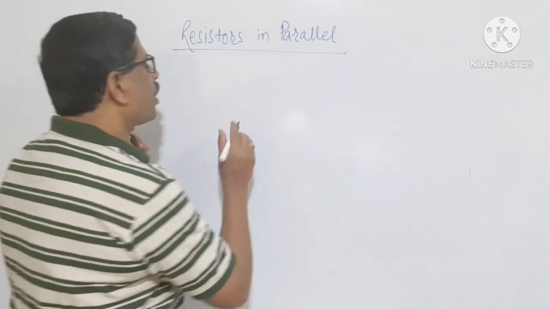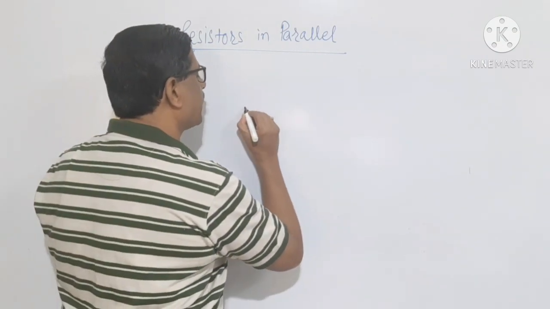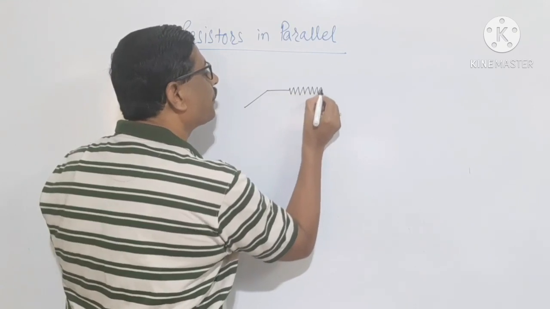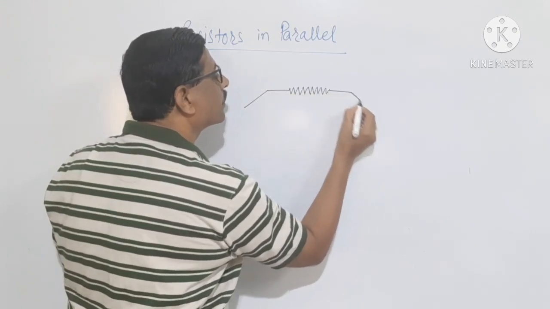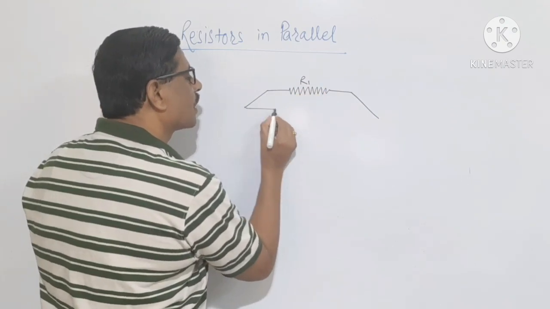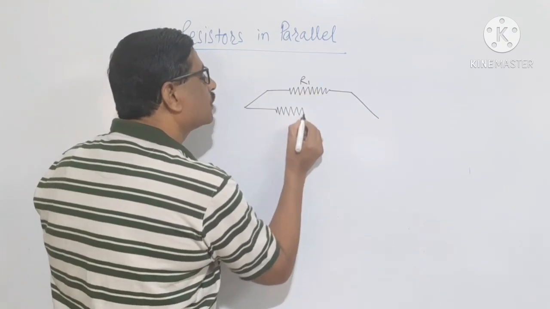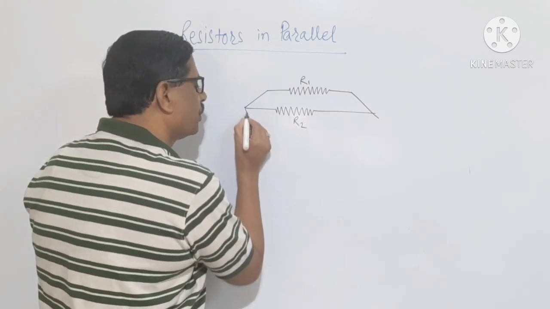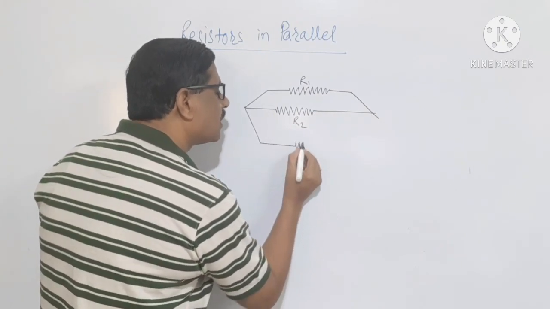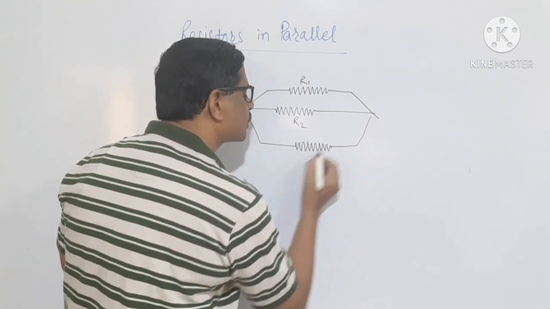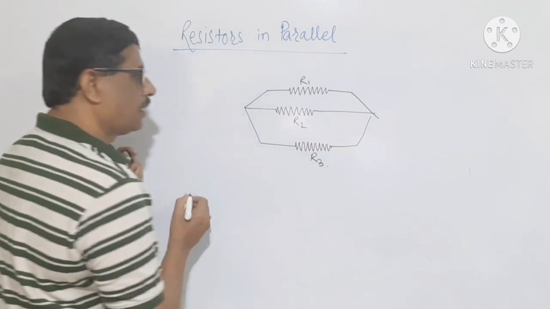If a number of resistors are connected in between two points, this is one resistance R1, this will be the other resistor of resistance R2, this will be a third resistor of resistance R3.